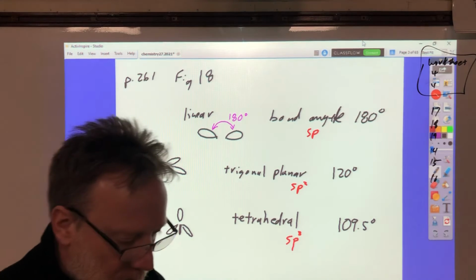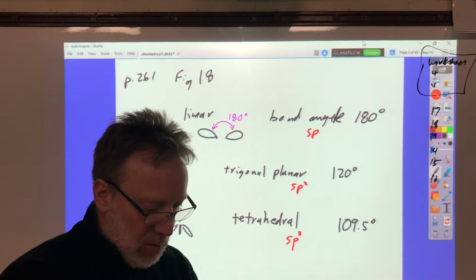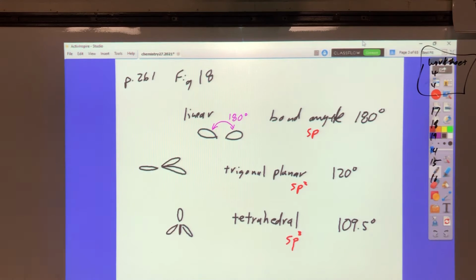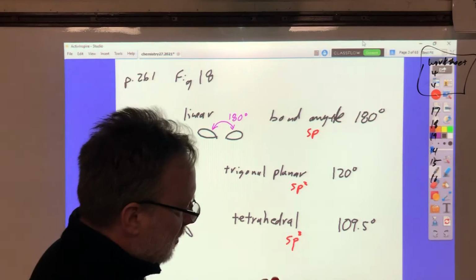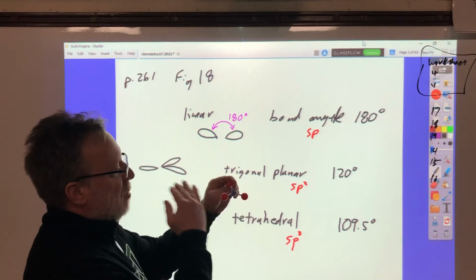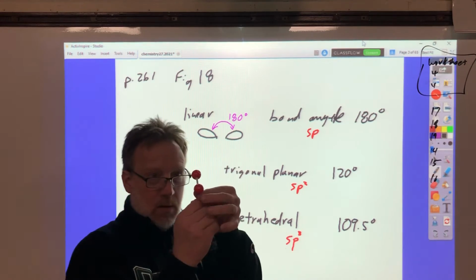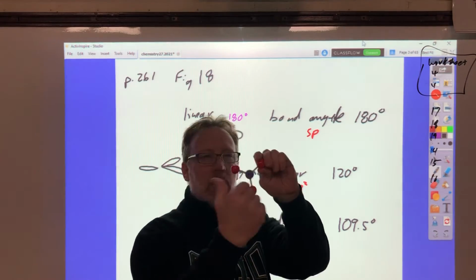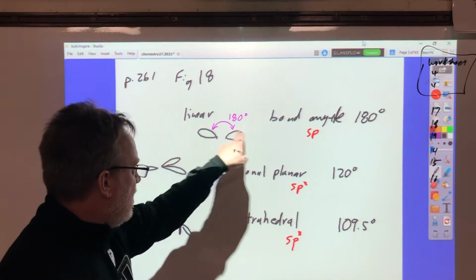Here's one. This is a triangular planar, like so, in a plane that makes a triangle. And this is just a straight line, linear.